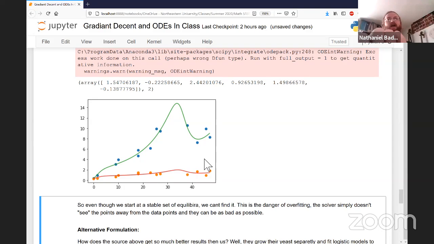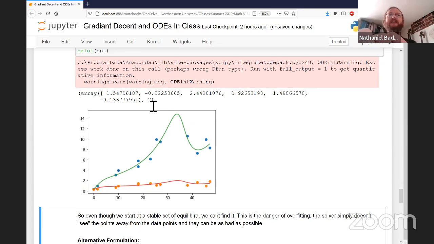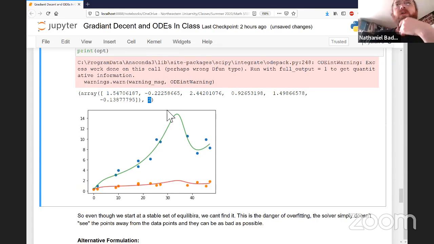So how could we possibly be getting something like this? It returned a warning, but it returned a successful fit. How could this function possibly be seeing this as a successful fit?